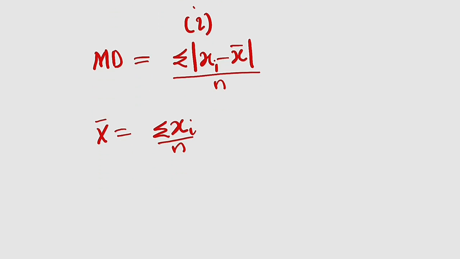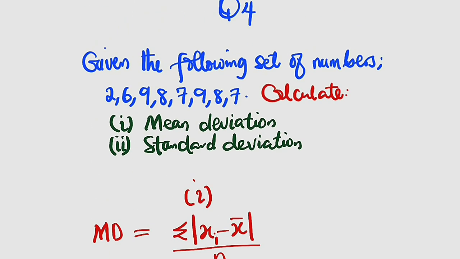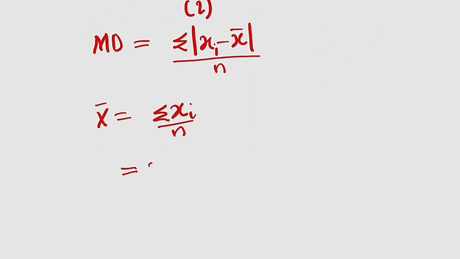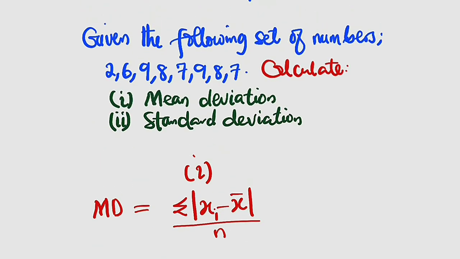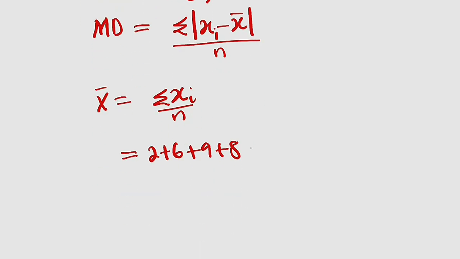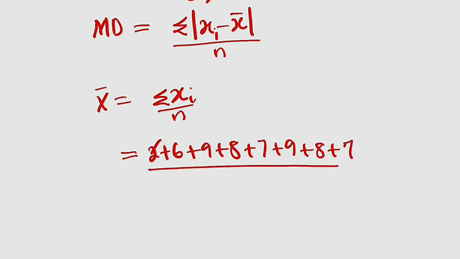So this will be equal to 2, 6, 9, 8, 7, 9, 8, 7, then divide by their number 1, 2, 3, 4, 5, 6, 7, 8.